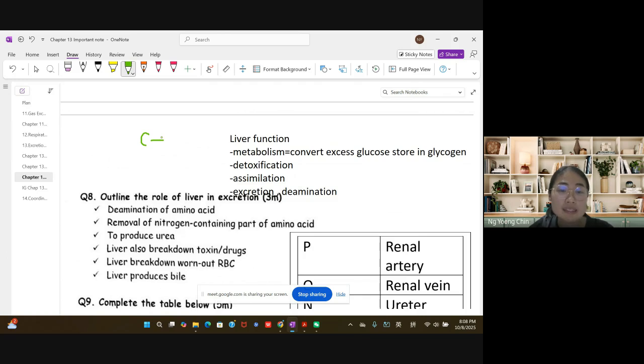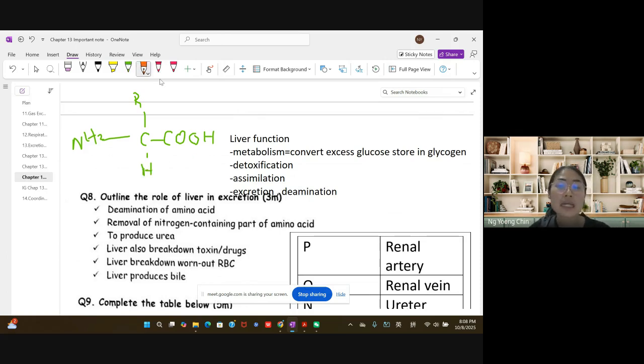One is the carboxylic group, and another one is the NH2, amino group, with R and H. So this will be the amino acid.